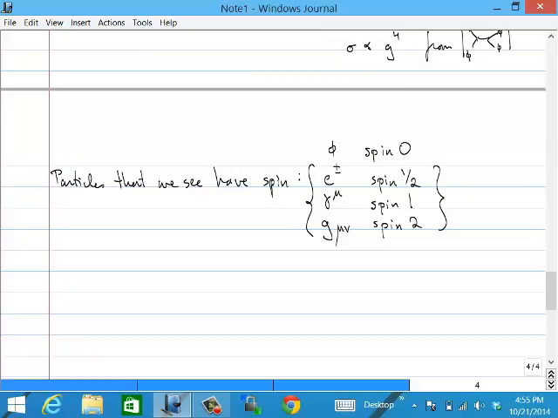Now, there's really nothing particularly more complicated about studying particles with spin than there is of studying scalar particles, particles without spin. But the formulas can get significantly more complicated. So we'll still be using Feynman diagrams.